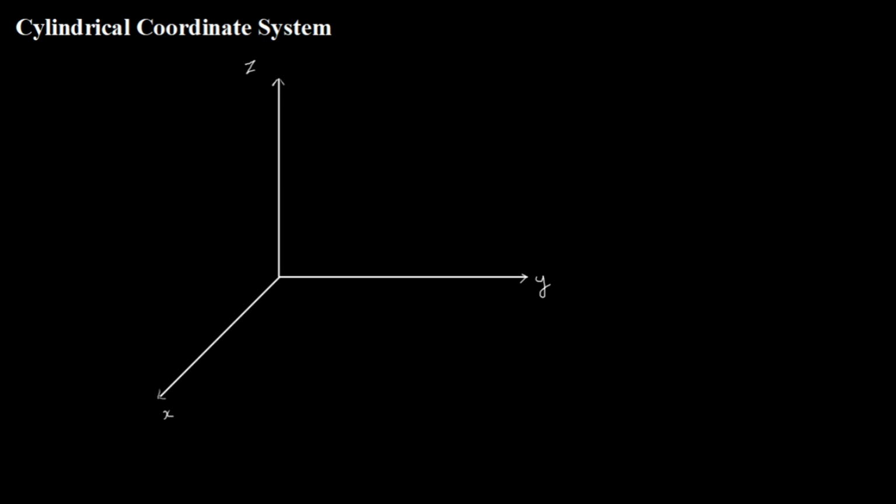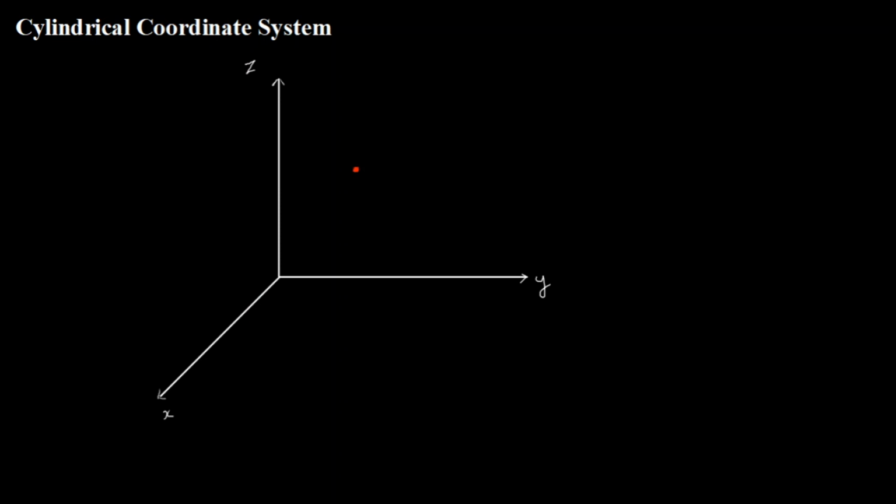So, we are trying to locate the same point P if we do not know the values of x, y and z. We are going to locate the same point P using some other coordinates, and check how to do that with reference to the cylindrical coordinate system.